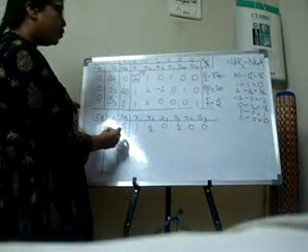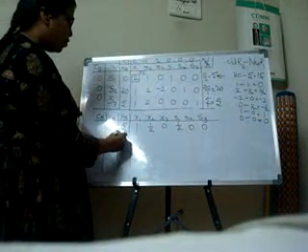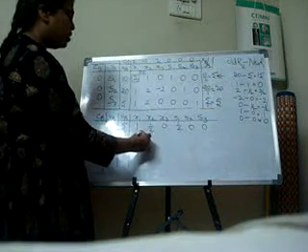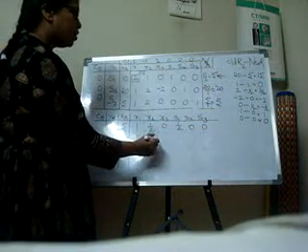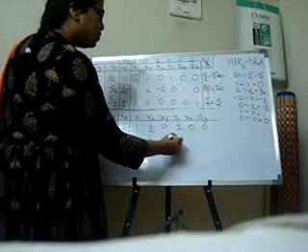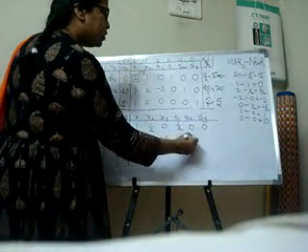So what are the values for the second row? 15, 0, 3 by 2, minus 2, minus half, 1 and 0.